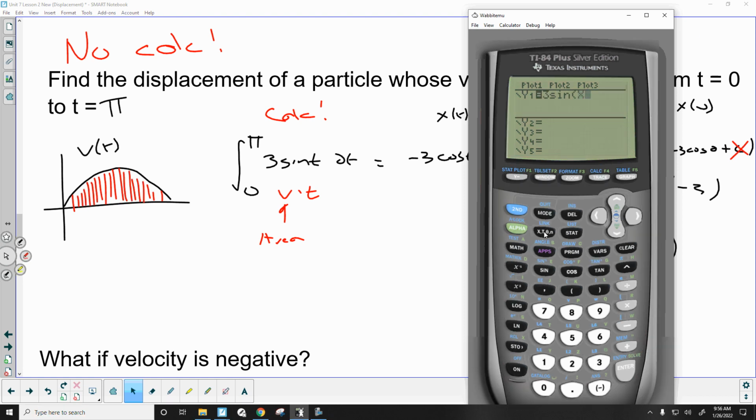I'm probably going to go back and adjust my window to be from 0 to pi. And I don't need to go from -10 to 80. I could literally go from like -1 to 4. There's the graph of 3 sine t.